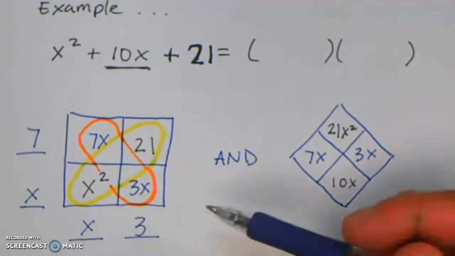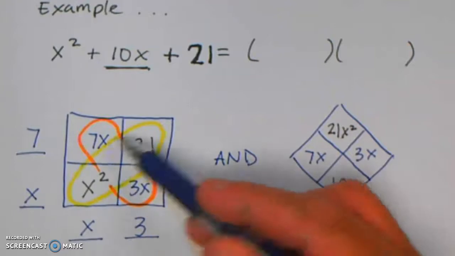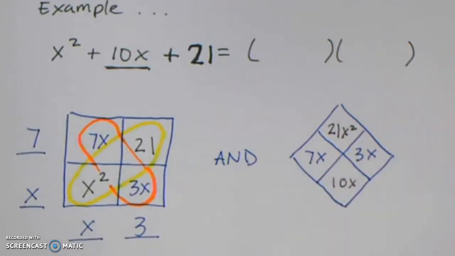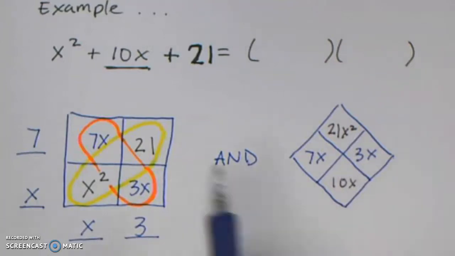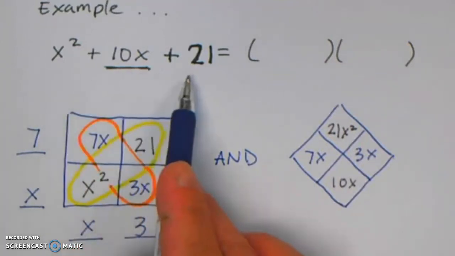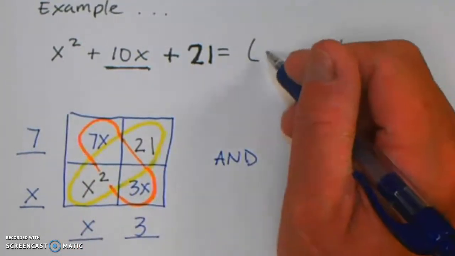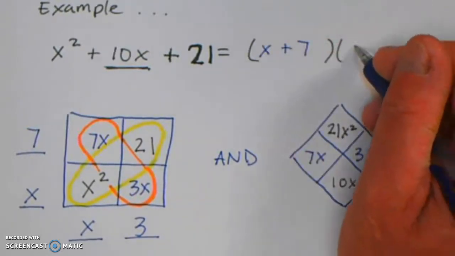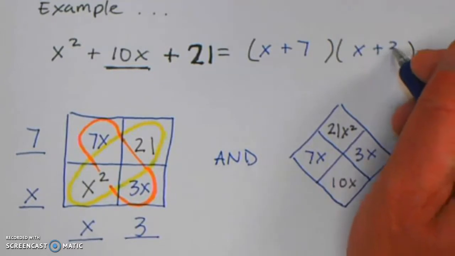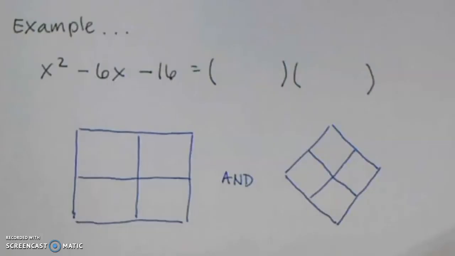Let's make sure that this works. 3 times 7 is 21. So that means that I can get x squared plus 10x plus 21 if I multiply these factors together. So if I do x plus 7 times x plus 3. Okay, let's try another example.